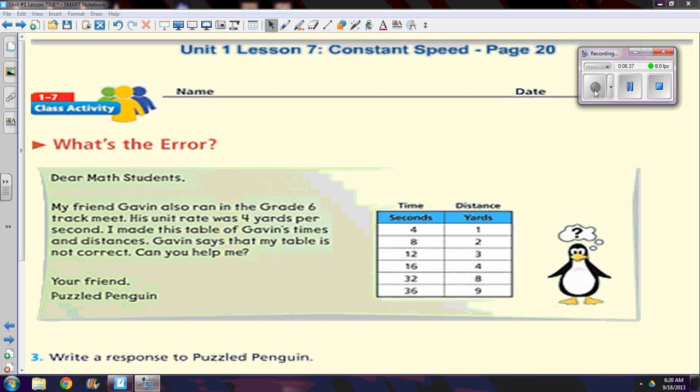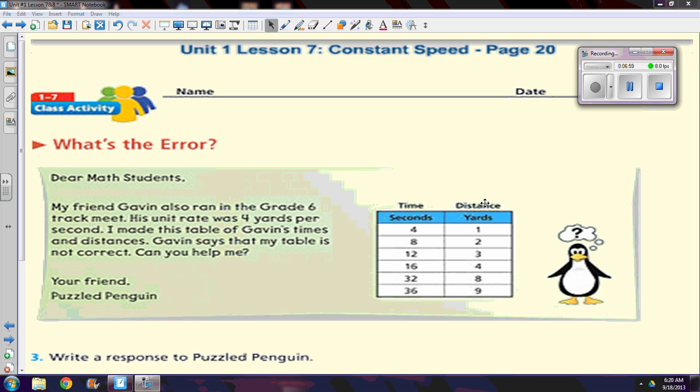All right, turn to page 20. And we have a puzzled penguin problem. It says, Dear math students, my friend Gavin also ran in the 6th grade track meet. His unit rate was 4 yards per second. I made this table of Gavin's time and distance. Gavin says that my table is not correct. Can you help me?